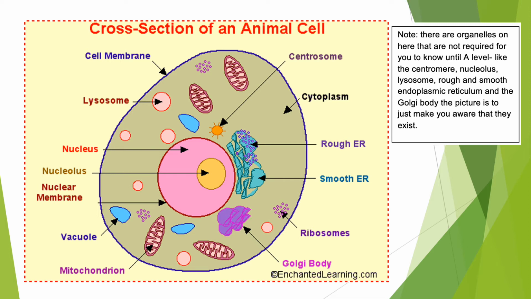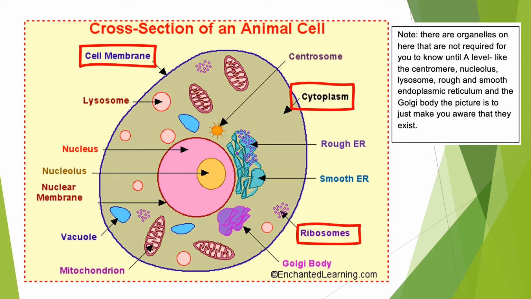And that's going to be your cell membrane, which is the outer layer right here, the cytoplasm, which is all the grayish stuff on the inside, the ribosome, which are these little dots, and you'll notice that you don't find them in one space, but they are spread out over the entire cell. The next one is mitochondrion, which is the singular form of the word you might have heard as mitochondria, which is plural.